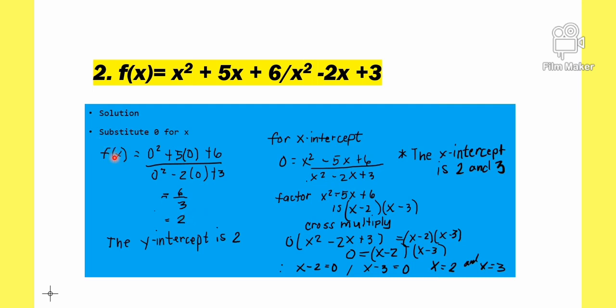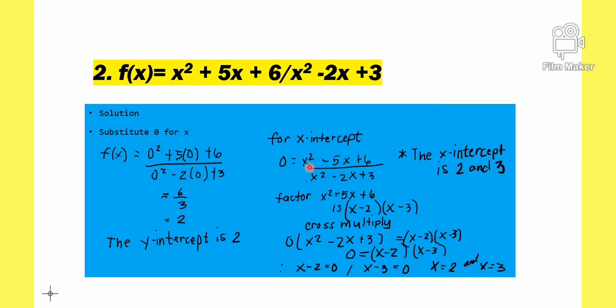So f of x is equal to y, so the y-intercept is equal to 2. For getting the x-intercept, we substitute f of x is equal to 0, or y is equal to 0.